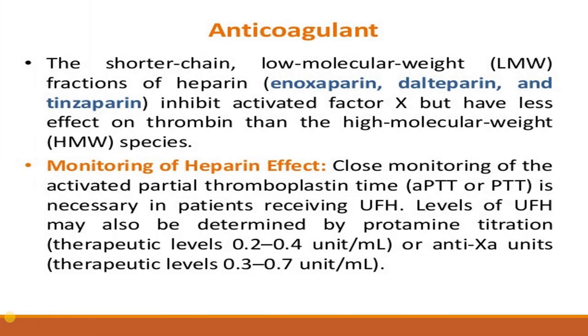The low molecular weight fractions of heparin are enoxaparin, dalteparin, and tinzaparin. These inhibit activated factor X but have less effect on thrombin than the high molecular weight species. Then, monitoring of heparin effect: closely monitor the activated partial thromboplastin time (aPTT), which is necessary for patients receiving UFH.